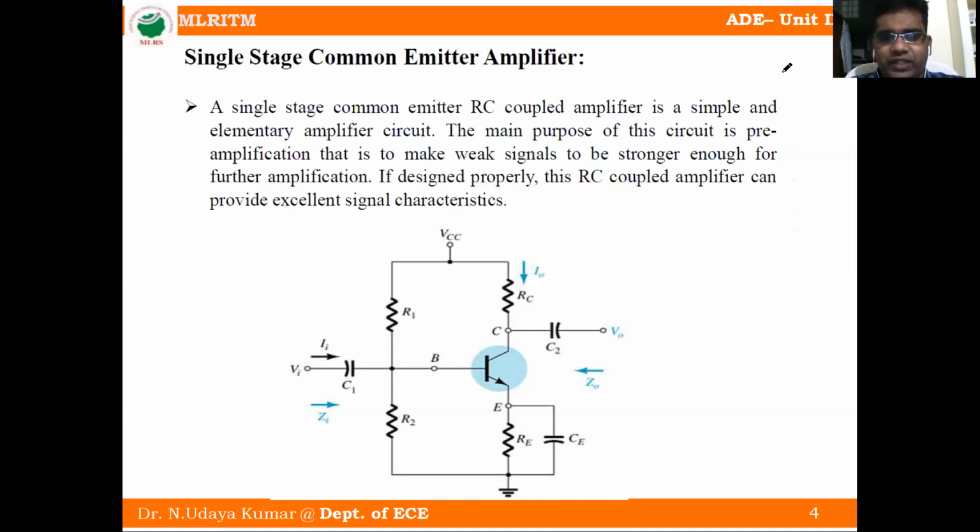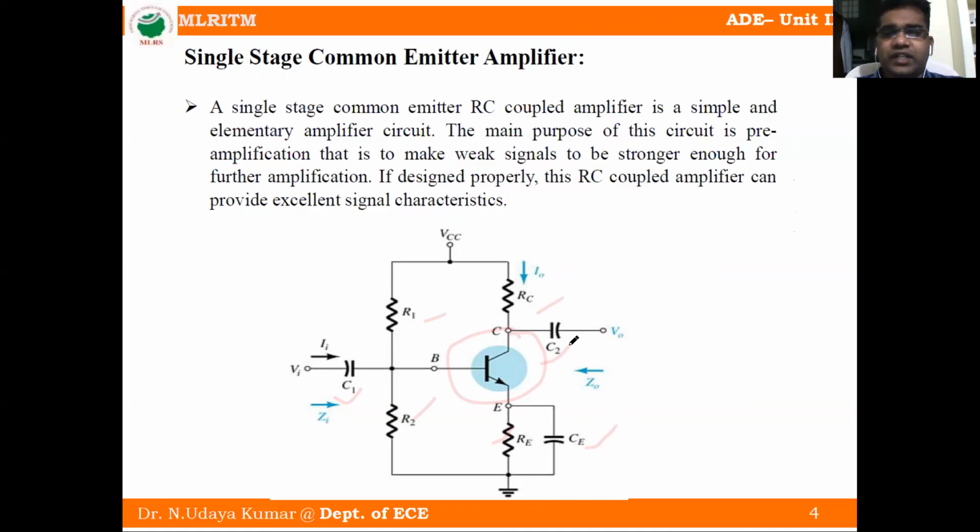This figure consists of one transistor, which has three terminals: base, emitter, and collector. We also have resistors R1, R2, RE and RC. There are also capacitors: C1, CE and C2, and VCC.